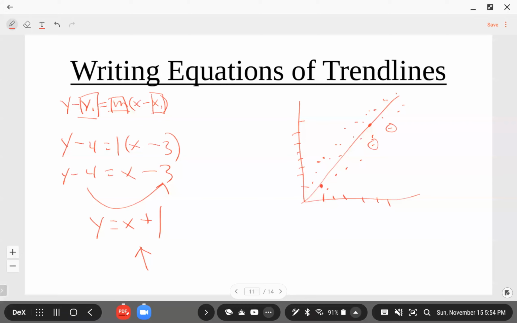So you have to find these points yourselves. We have our points right here. You have to actually put these points on the trend line, if there isn't a plotted point actually on this trend line.